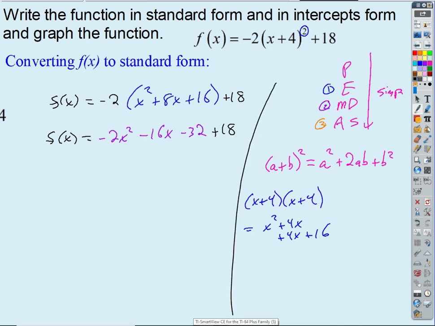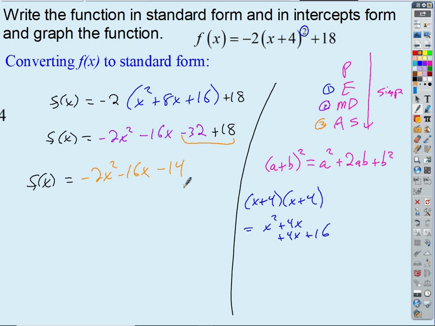And then finally, last step is the orange step. We're going to add like terms. And so when I add like terms, there's only one x squared term, there's only one x term, but those two constants would combine to -14. Okay? Make sense?